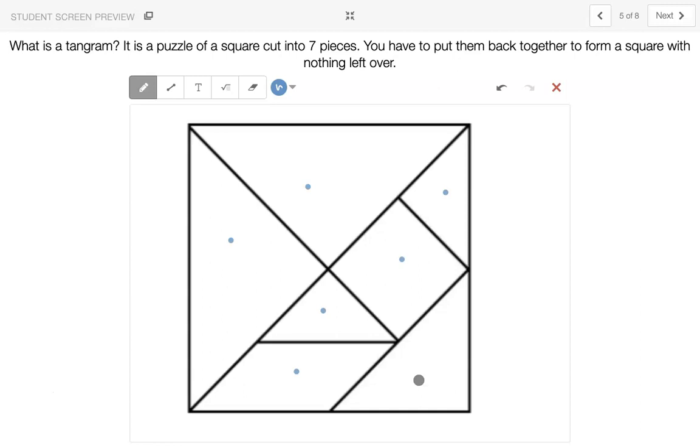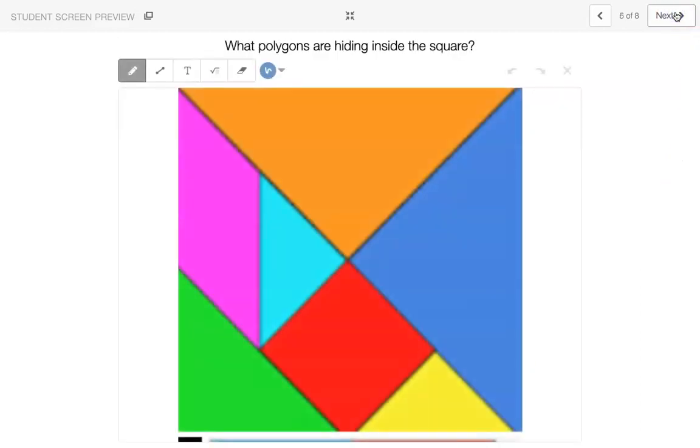And after you cut them apart, or when you're given the tangram, you have to put them back together to form a square with no pieces left over, no shapes left over. So what polygons, here's the tangram again. This time we've colored the squares, and I'm going to have you do that also. You can do that after the video. Make sure you're copying this down and you can cut it up and color it.